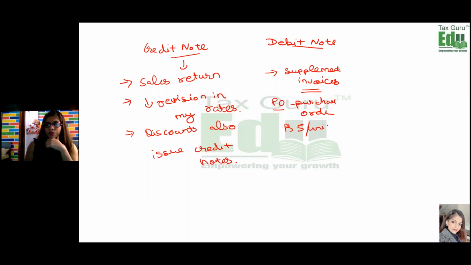I'm going to do the work for them. Now down the year, they decided that they will raise my rate from 5 to 6. So 1 rupee is the additional income that I'm going to have. So for this 1 rupee, for all the invoices which have been raised in the previous period, I'll raise a debit note. Supplementary bill for 1 rupee.